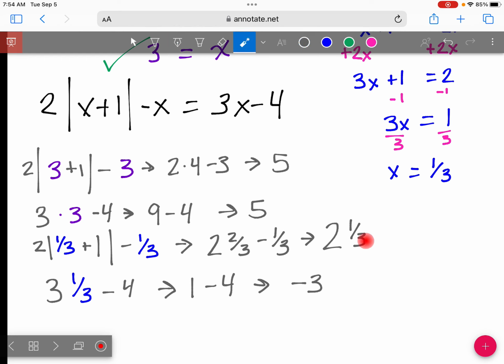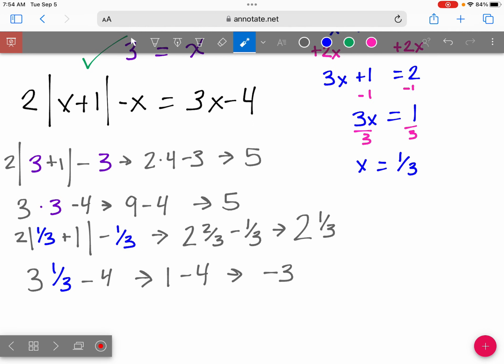Does 2 1/3 equal -3? No. So this is not valid. It has a special name I'm going to give you in a second. This doesn't work. We got something that's inherently false. 2 1/3 does not equal -3.